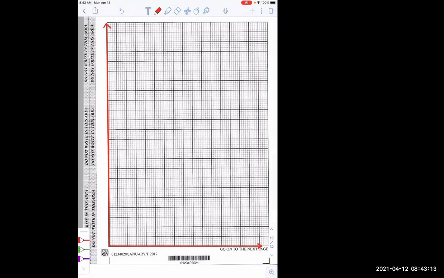So what you are going to do, you are going to draw the Cartesian plane for me. So let's get started. We're going to draw one line vertically and one line horizontally. For a graph, the graph is worth 4 marks.